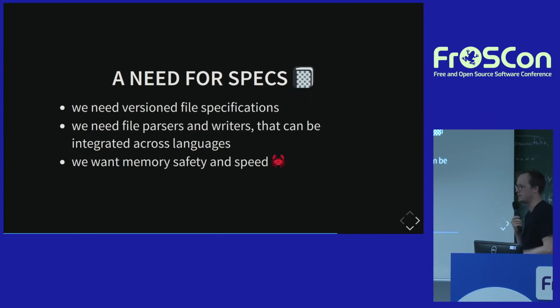And for that we need file parsers and writers, and ideally we want them to be integratable across languages and not write them specifically for Python, specifically for Ruby, etc., but have them available across languages. And as we want memory safety and speed, the crab is the animal of the day, I guess.